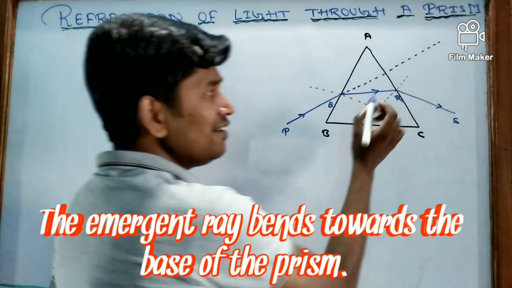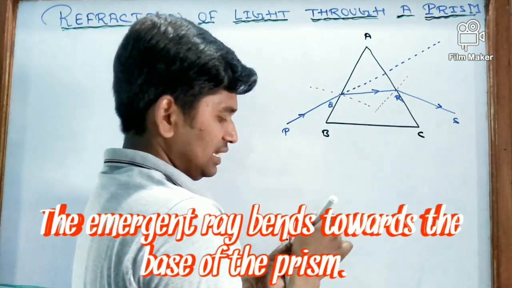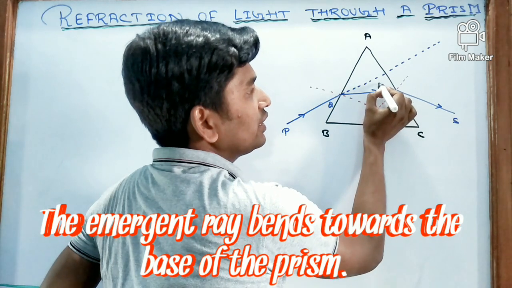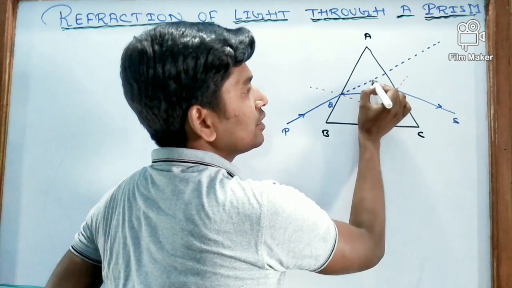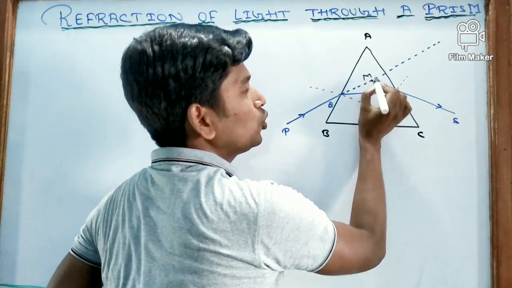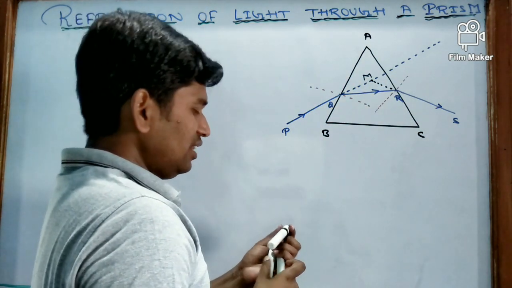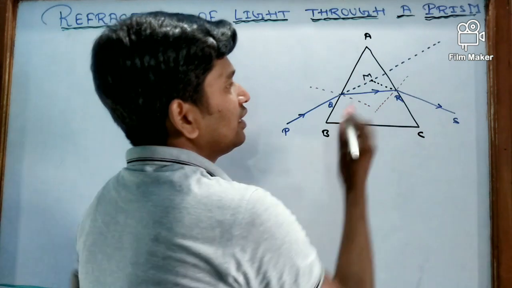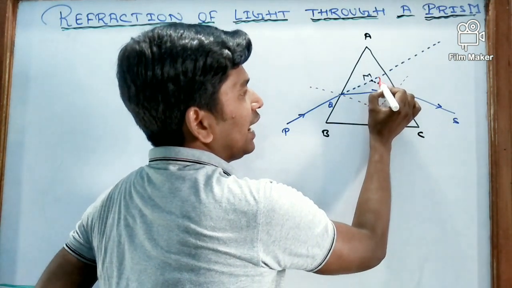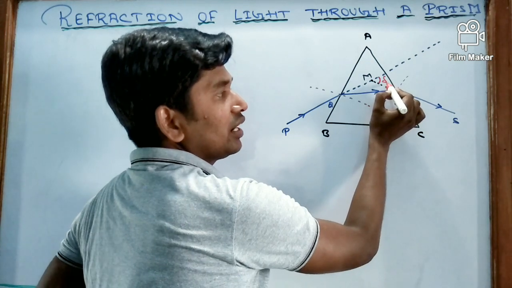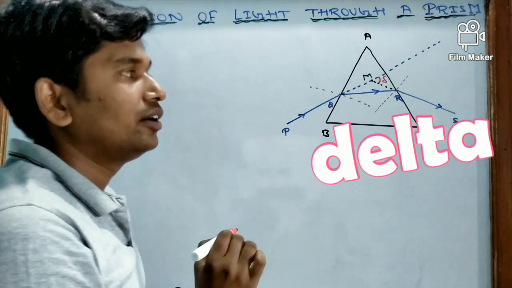Now if we draw back this emergent ray in the backward direction, let it meet the direction of the incident ray at point M. Then this angle is called the angle of deviation, and we denote it with the Greek letter delta.